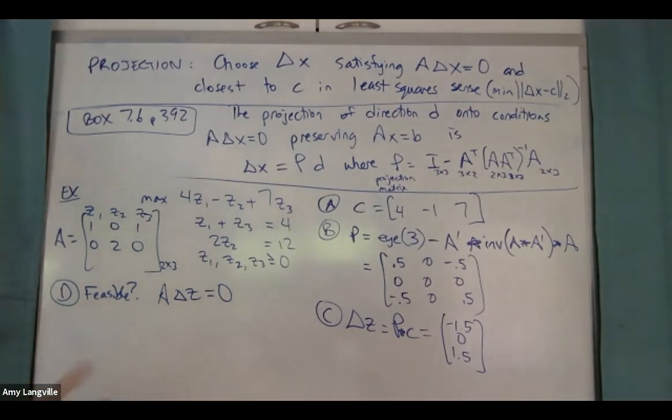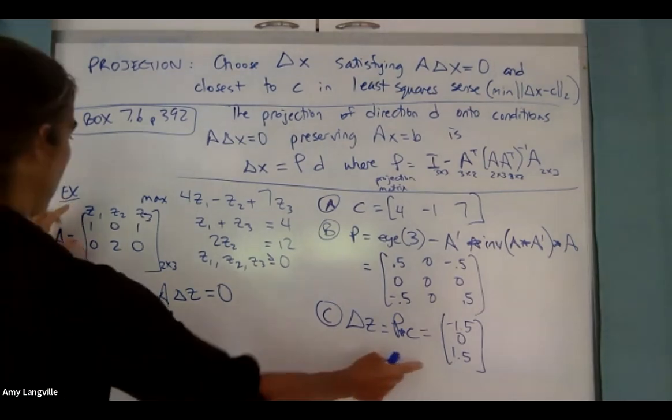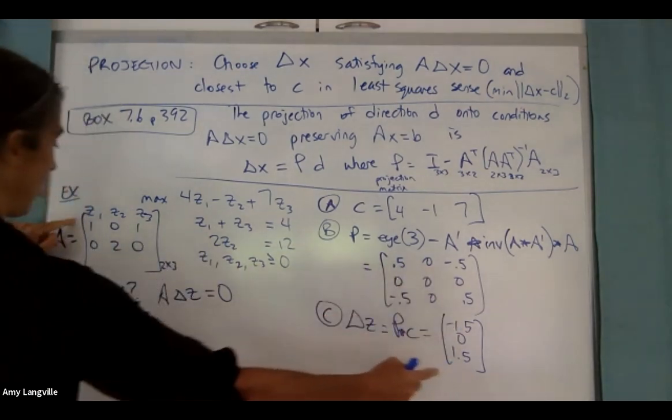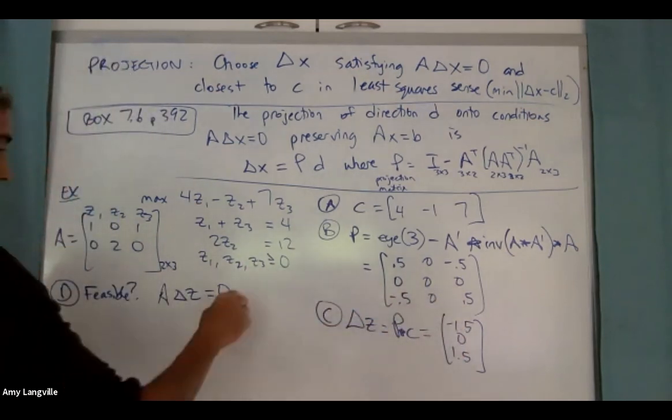That's our box 3.25 that we use several times. If this is true, the direction is feasible. If the direction is feasible, this is true. It goes in both directions. So just go ahead and do that multiplication and you'll see it's not bad. Yes, you do get this matrix times this vector. First row, yes, that's going to go to 0. Second row times this column, yes, that's 0, so check.